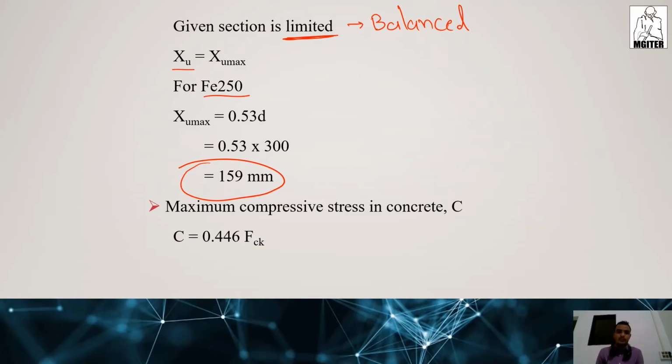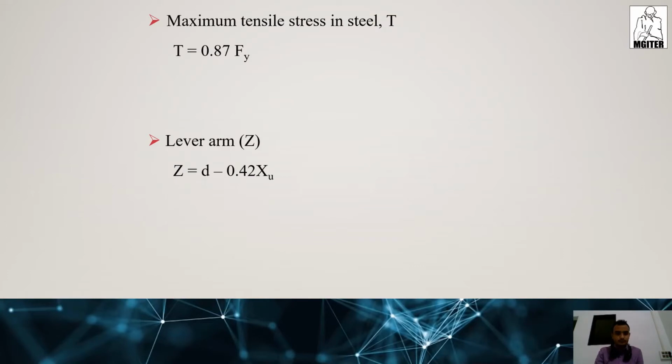Then we have to find the maximum compressive stress in the concrete. The equation is 0.446 fck. fck is 20, so the value is 8.92 Newton per mm square.